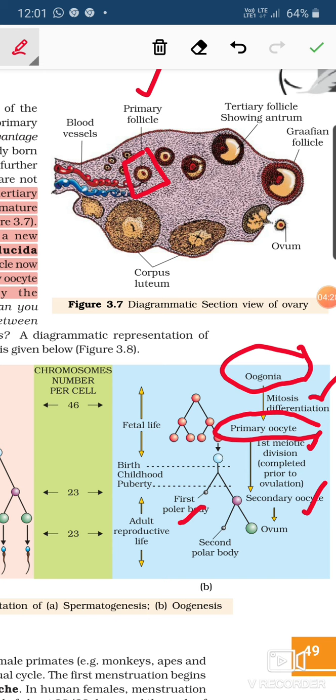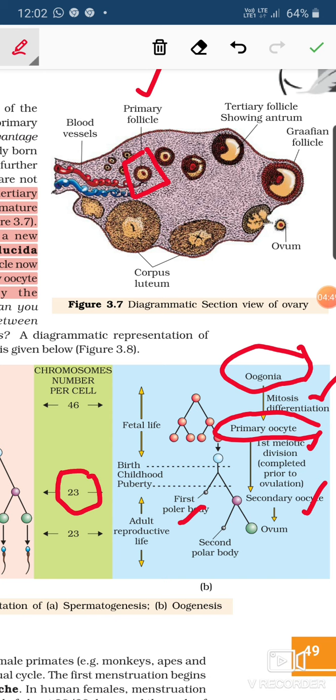After this division, the secondary oocyte has 23 chromosomes. This is an unequal division, which leads to a bigger secondary oocyte and a very small polar body.